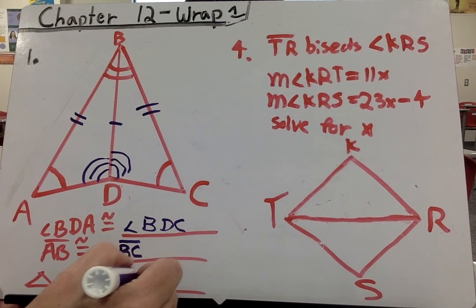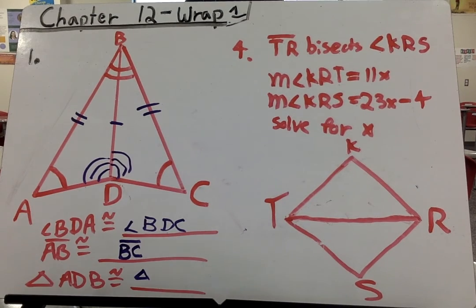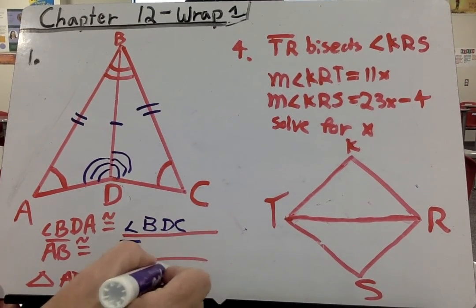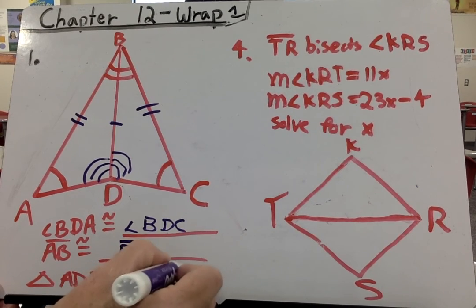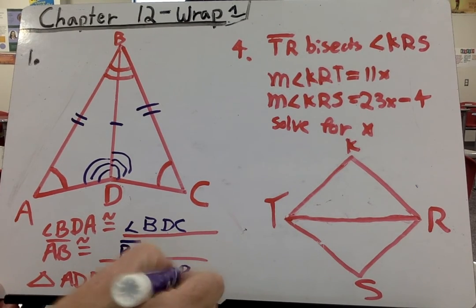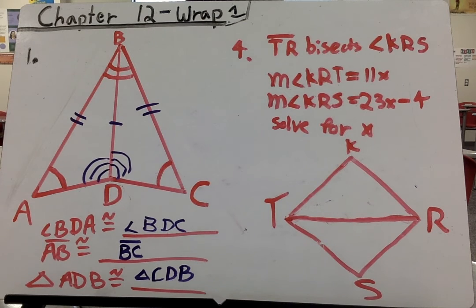So we make sure we put the triangle symbol, CDB. Okay. And we're done. Next, we're going to go on to number 4.